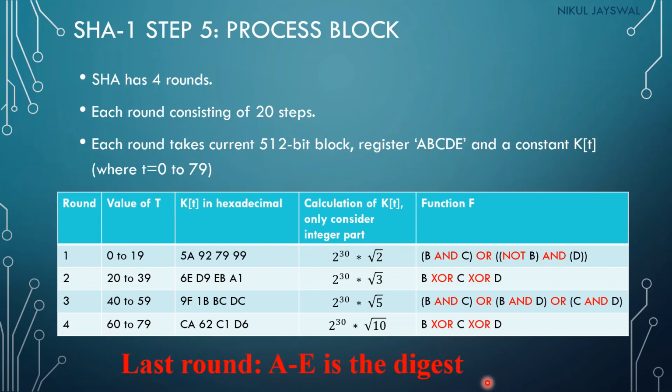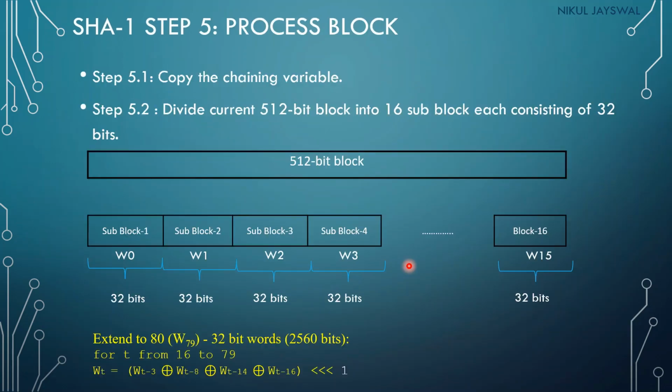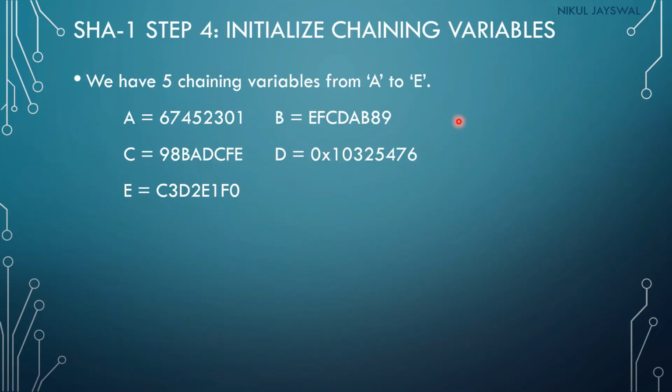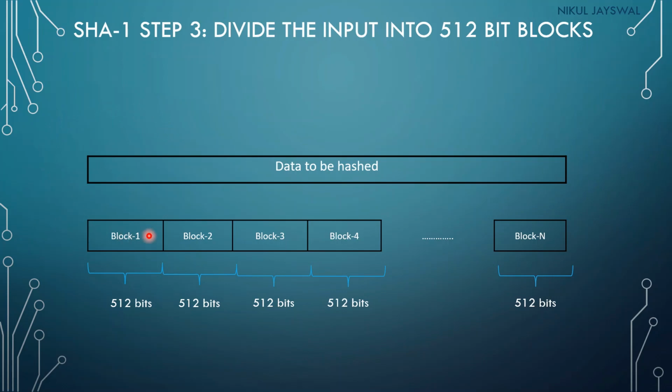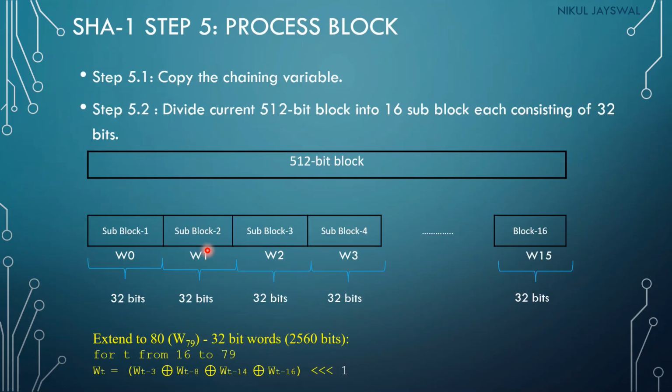It is a little bit complicated, but there is no need to remember the values of the Kts or the functions. You need to remember the padding, how to do padding, how to divide the data into 512-bit blocks, and how to divide each 512-bit block into 80 words.